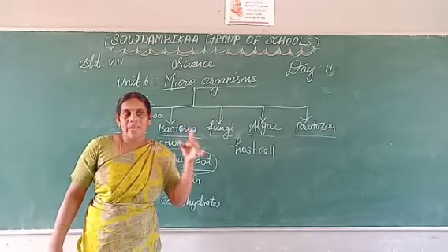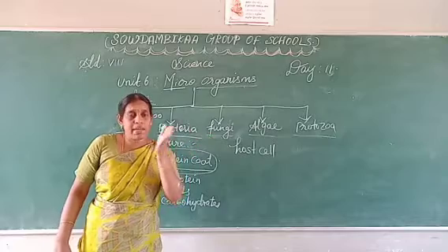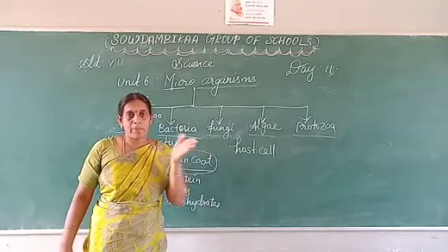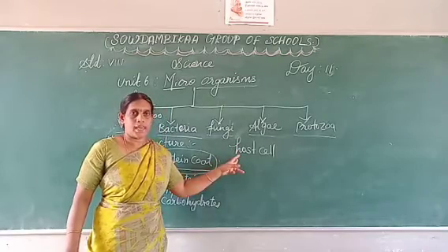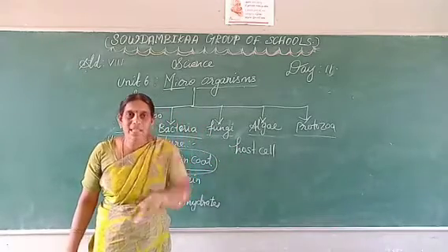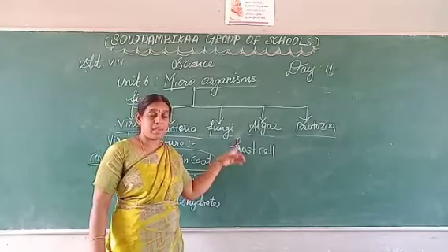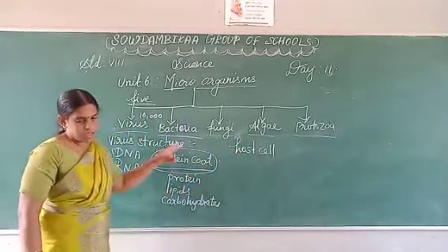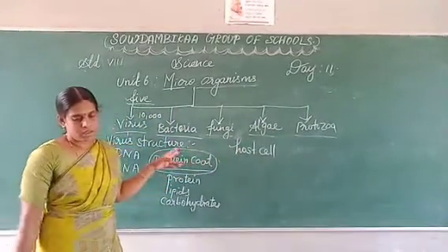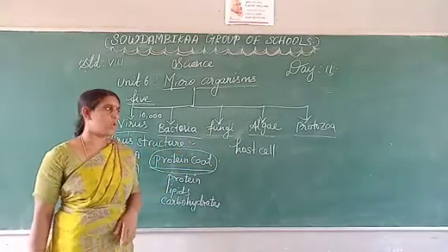That virus attacks anyone, any people. That person is called the host cell. When a virus attacks any person, that person is called the host. With this help the virus particle attaches to the host cell.